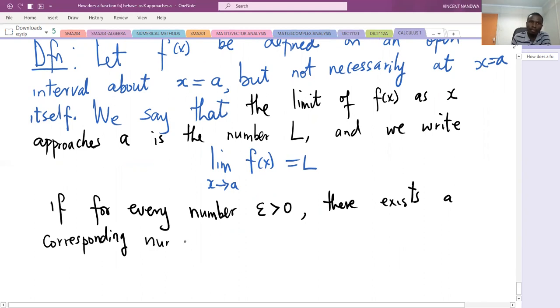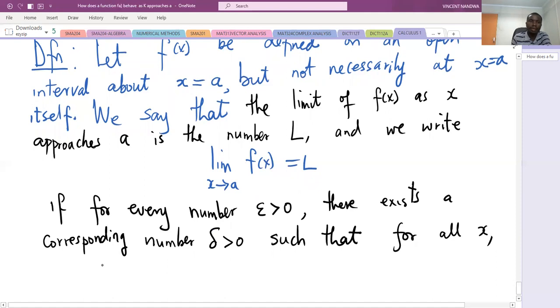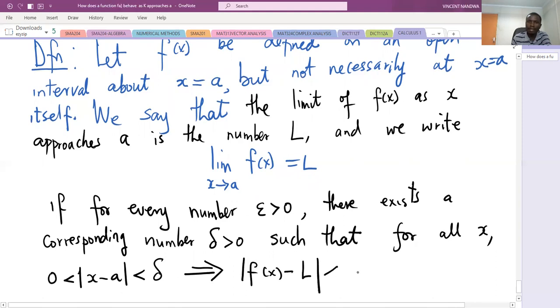such that for all x, this x minus a lies between 0 and delta implies that absolute value of f of x minus L is less than epsilon.